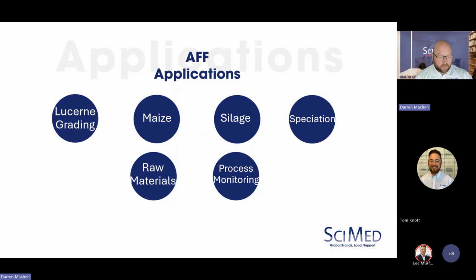People want to use sensors at various different points in their processes, from goods receipt right through to releasing the final products. So we can look at some other applications that we can support as well.